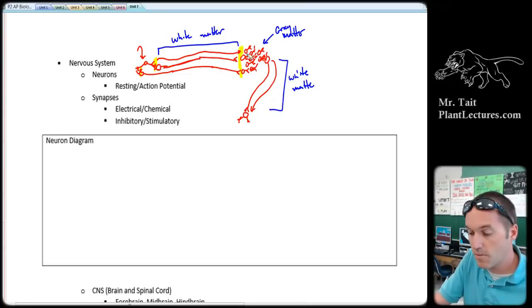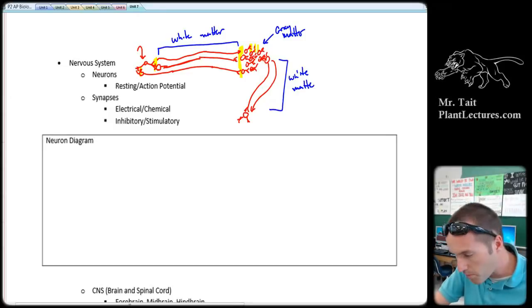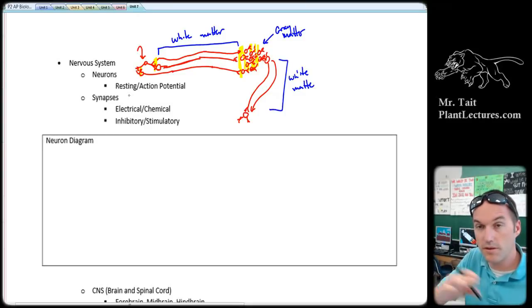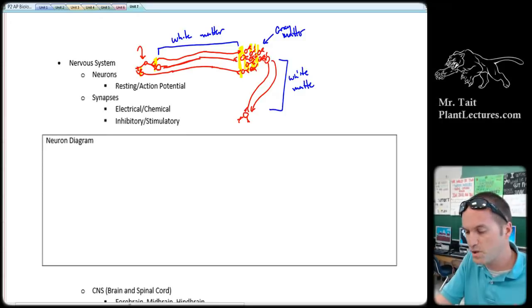We would say that these are mostly going to be chemical synapses, ones that rely on neurotransmitters, versus these ones in here where you have a whole bunch of them. This would be like in gray matter, and those are mostly going to be electrical synapses. Electrical synapses are those ones that use ions, and chemical synapses are those ones that use neurotransmitters.